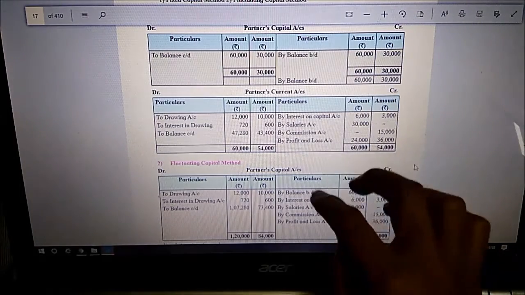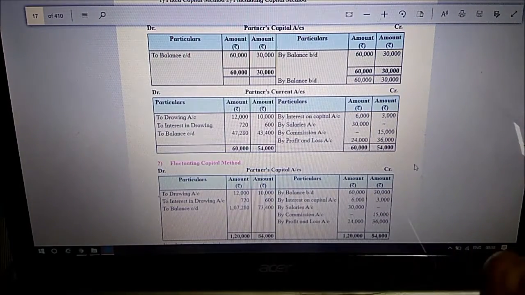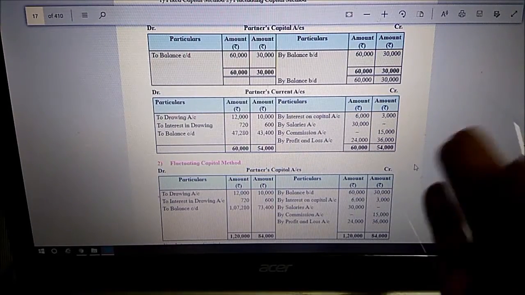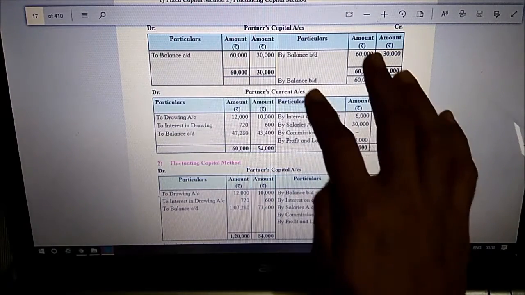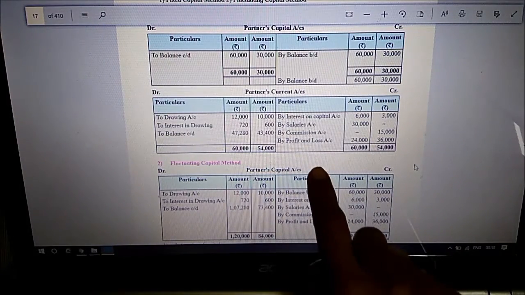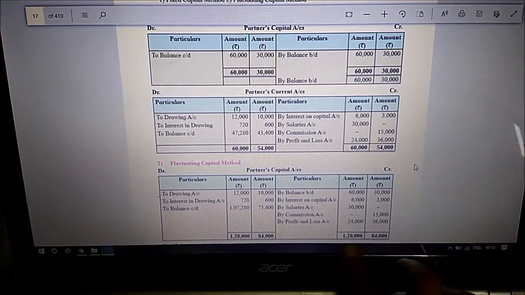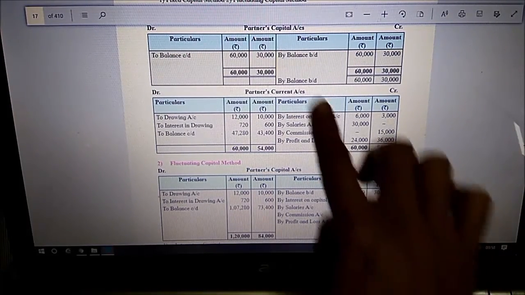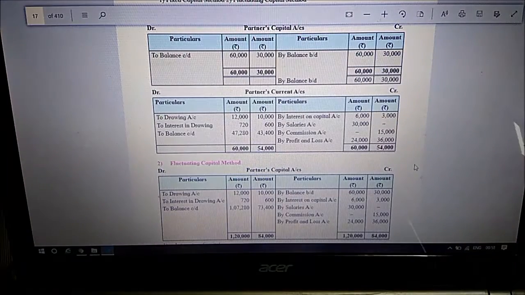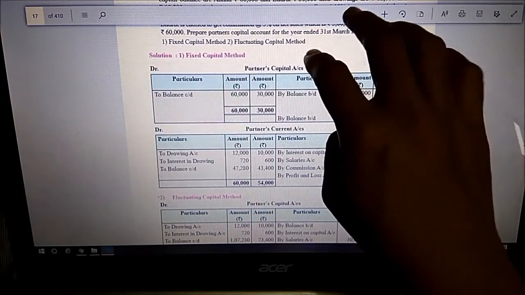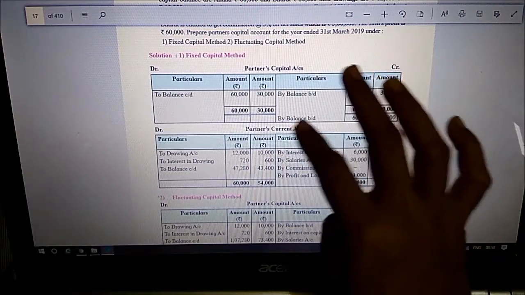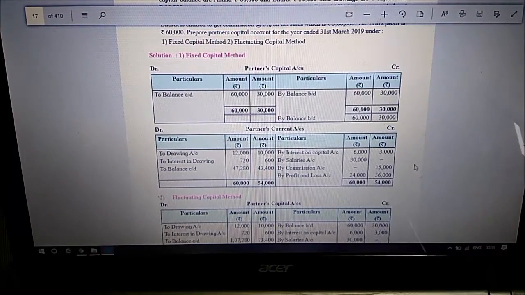You can compare these three. You can see that there is not much difference between the partners' current account and the partners' capital account. Why? Because here the total balance is different and here the total balance is different. In a fixed capital account, we calculate the partners' capital account and the partners' current account separately.